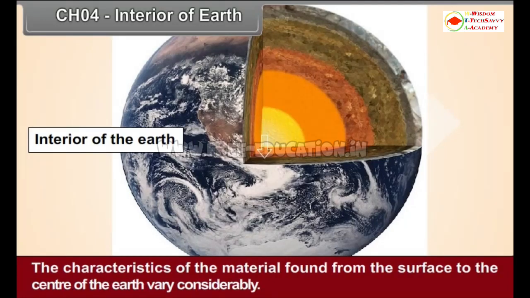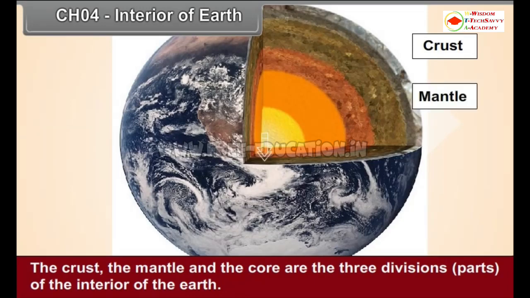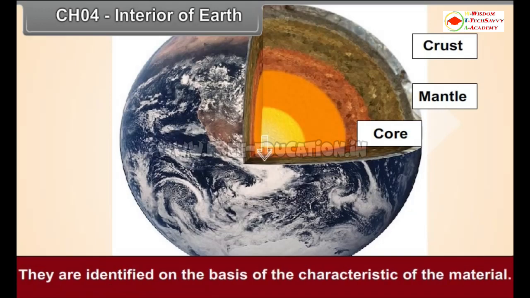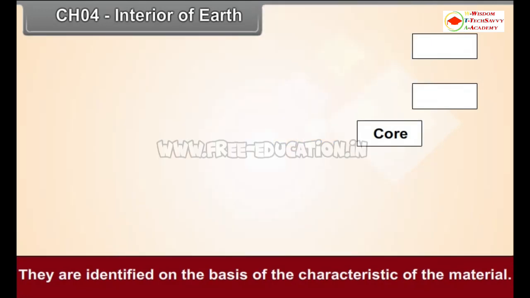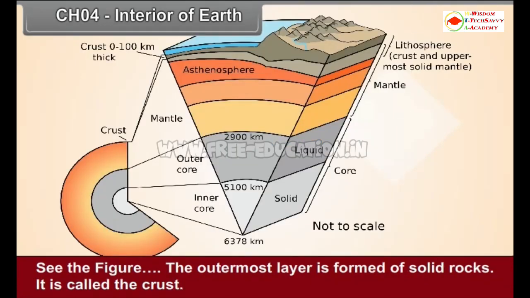The characteristics of the materials found from the surface to the center of the Earth vary considerably. The crust, the mantle, and the core are the three division parts of the interior of the Earth. They are identified on the basis of the characteristics of the materials. See figure 4.1.